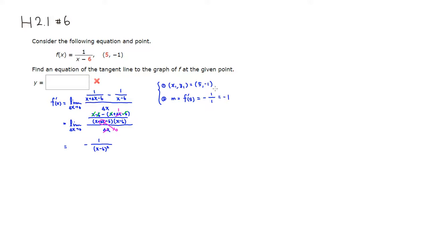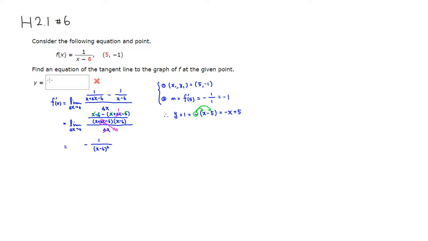The equation is, therefore, y minus y1, which is negative 1, so plus 1, is equal to the slope, negative 1, times x minus x1, which is 5. I'm going to go ahead and distribute the negative sign to x and the negative 5 so that we get negative x plus 5.